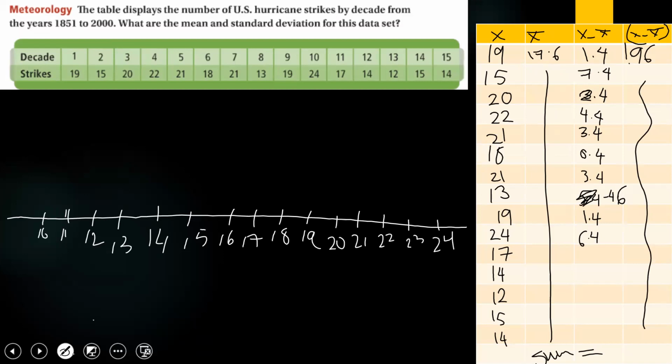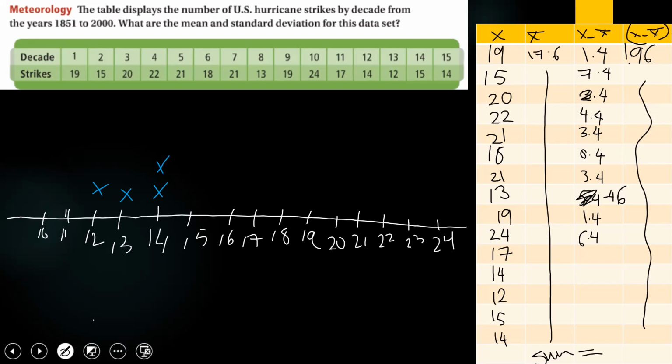Then after that, how many 10s do we have? There is none. How many 12? We have 1. So we put X for 12. How many 13? We have 1. How many 14? We have 2. So we put 2 dashes like this, or 2 points.